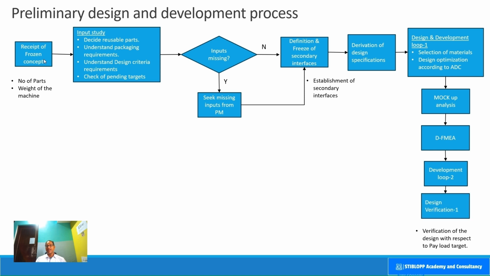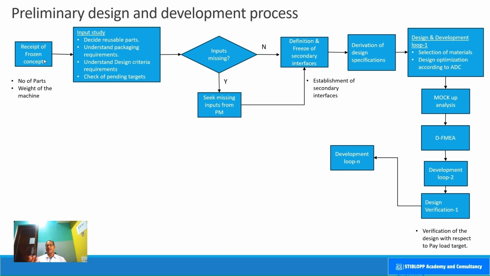The next step is the design verification. In this step, the verification of the design is done with respect to the payload target. Once the design verification is done, the results are shared back to the product development team, and they incorporate those results into the design to get the next level of maturity.